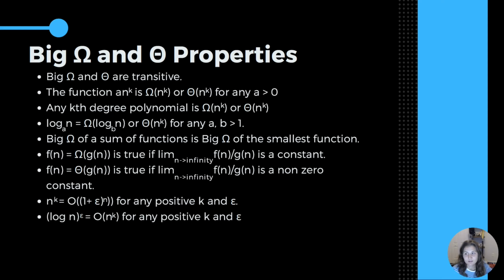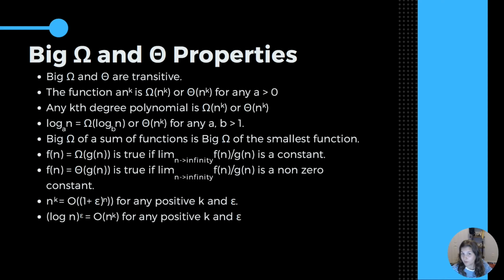Any k degree polynomial is omega n to the k or theta n to the k. Same rules exist for logs. The log base a of n is equal to omega log n or theta log n for all of our a's and b's. We don't really use the base to describe them.